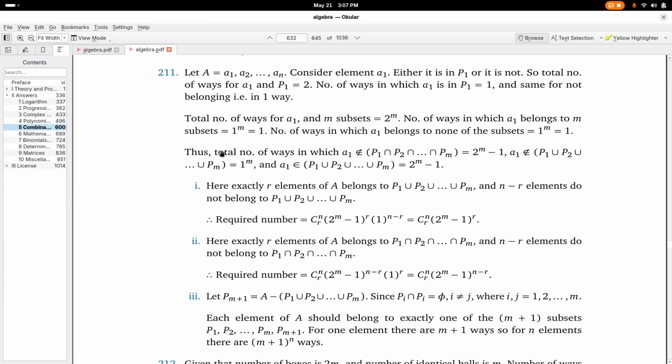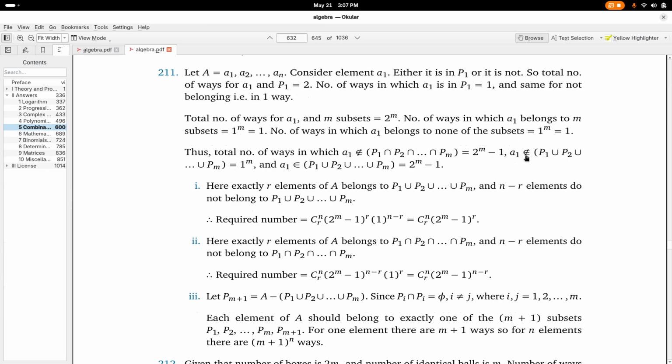Thus, the total number of ways in which a1 is not in the intersection of the subsets is 2 to the power m minus 1. So 2 to the power m is the total number of ways, and we subtract this one. So we get a1 is not an element of the intersection.